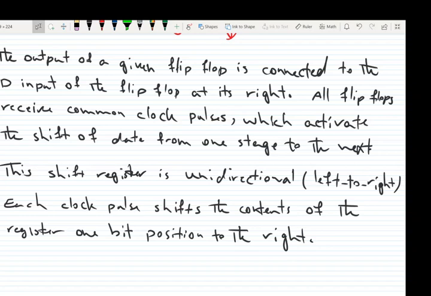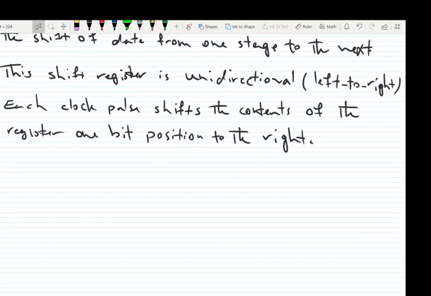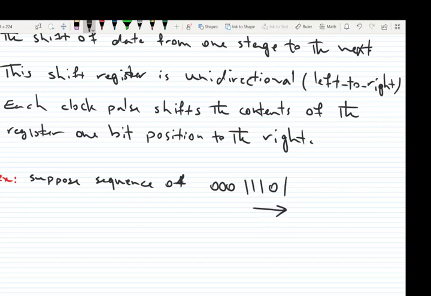Okay, now I'm going to show you one example on shift register. So let's say, example, suppose a sequence of 0001101. I will explain this arrow.